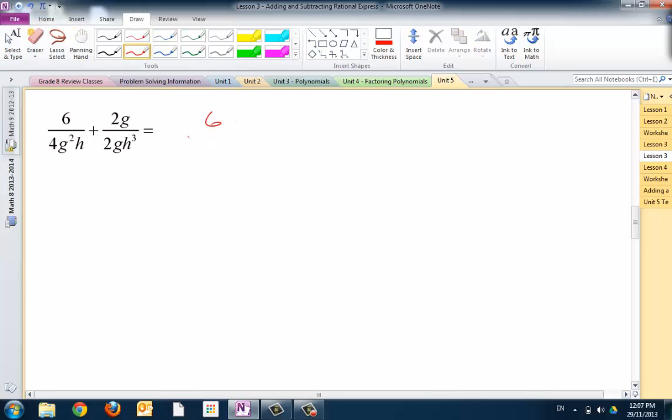Let's take one that's a little bit more complicated. Here I've got 6 over, I can go 2 times g times h. That's the denominator written out as a product of its factors. The denominator here would be 2 times g times h times h times h.